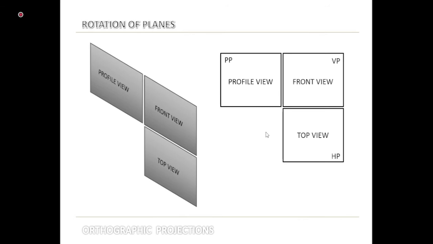This is how we are going to readjust the planes so that when we draw these views, we will have a clear picture of what we are drawing, where we are drawing, and what view it is. Okay.